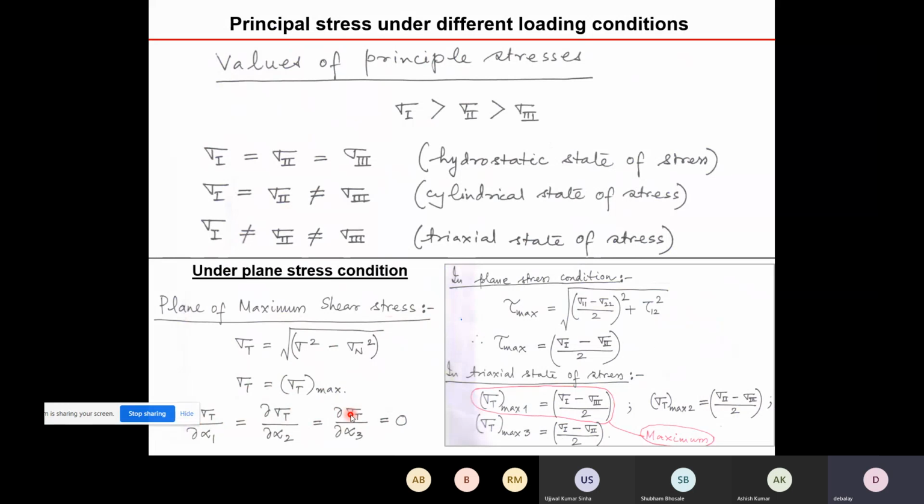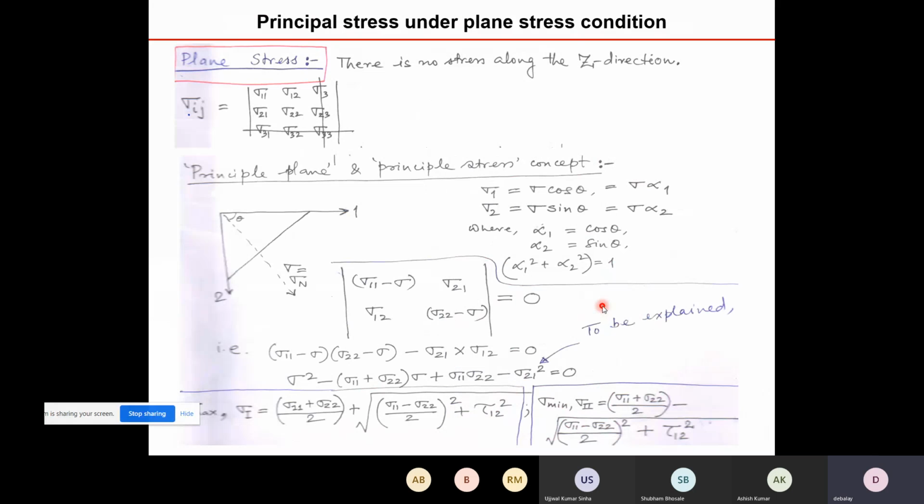And if you do this, you will find an interesting result: the magnitude of the maximum shear stress value will be the square root of ((sigma 11 minus sigma 22)/2) squared plus tau 12 squared. That means the principal stress expression has 2 parts. The second part, the square root of ((sigma 11 minus sigma 22)/2) squared plus tau 12 squared, is the value of the maximum shear stress.